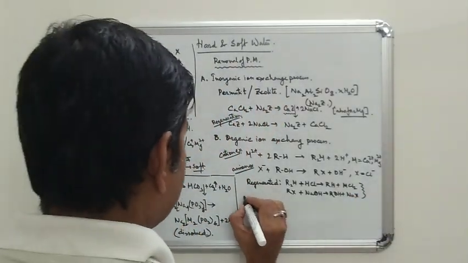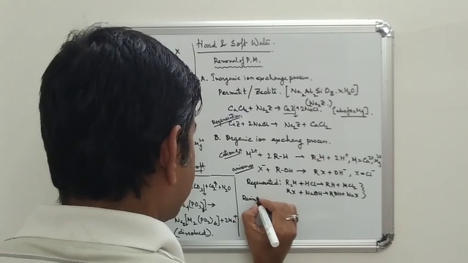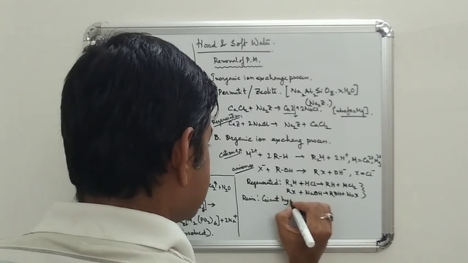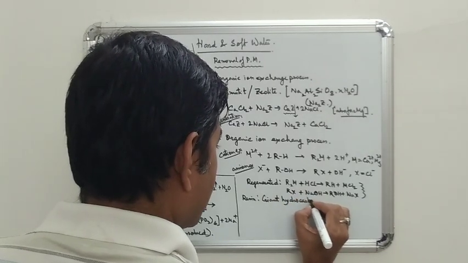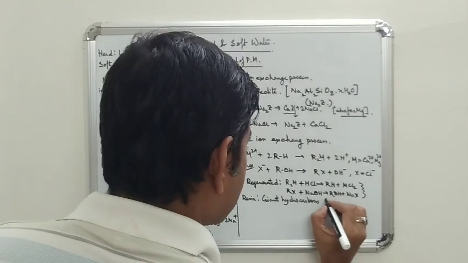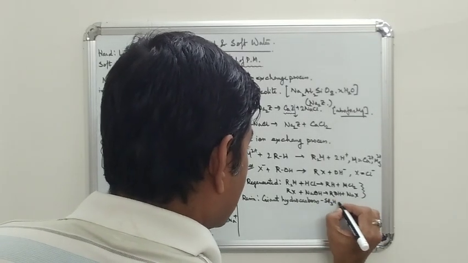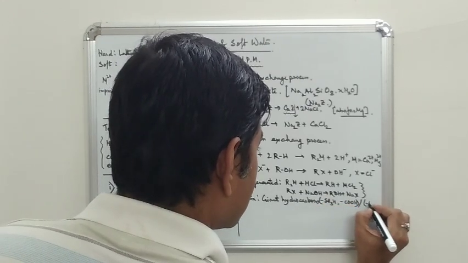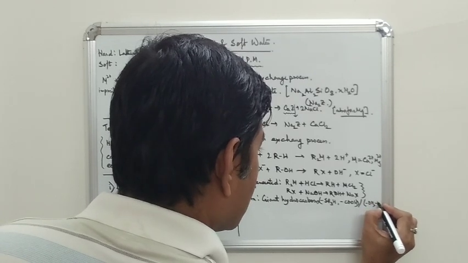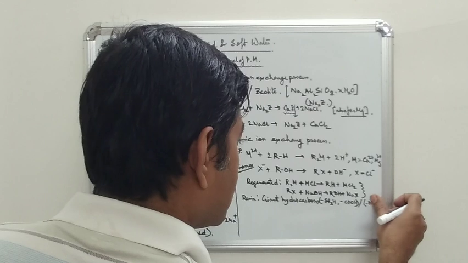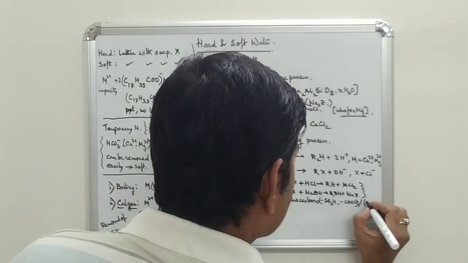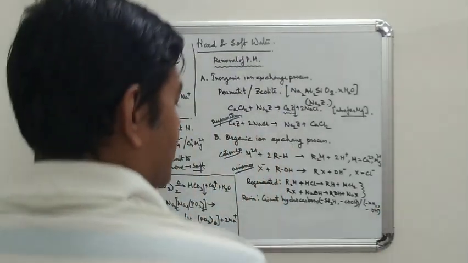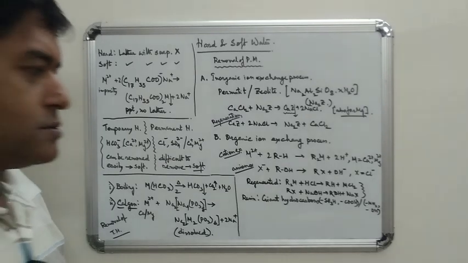So basically, by definition, resins are giant hydrocarbons having an acidic part or a basic part like this, NH2, OH, etc., and capable of exchanging ions.